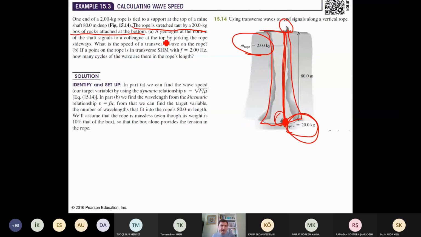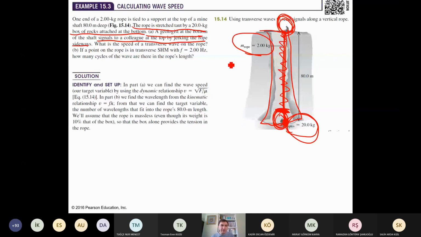A geologist at the bottom of the shaft here. There is another guy, geologist. He signals to a colleague at the top by jerking the rope sideways. So he or she produces a disturbance on the string, and then this will produce a wave on the string, and this will be transferred to the friend here at the top, okay?